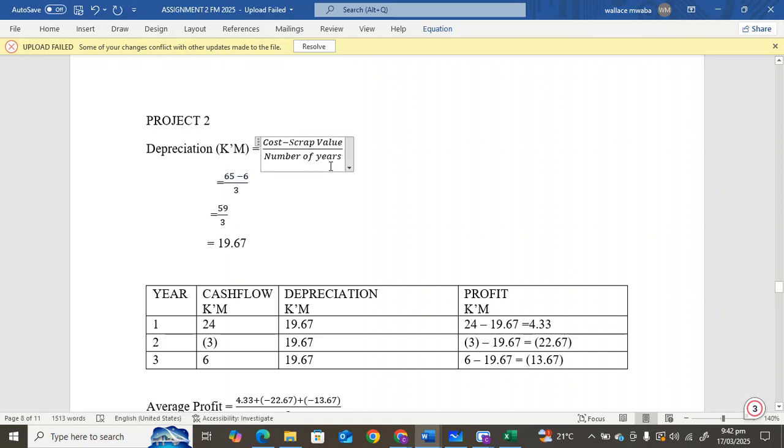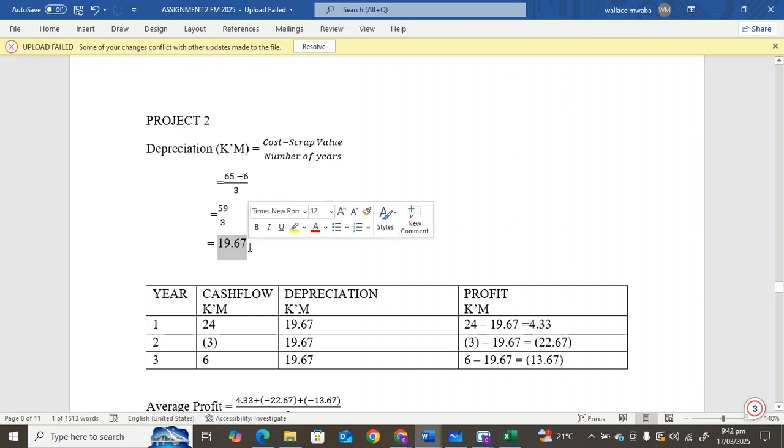Number of years of this project, 3 years. 65 minus 6, 59. 59 divided by 3, 19.67 million. This is our yearly depreciation charge. So that is step 1, calculate depreciation.